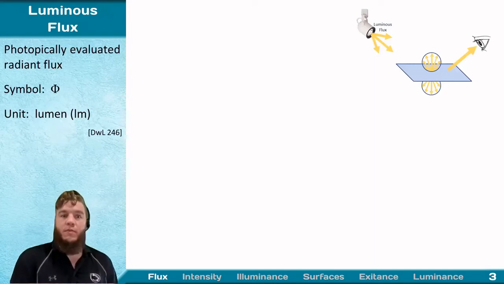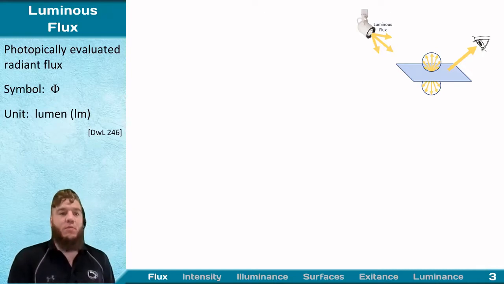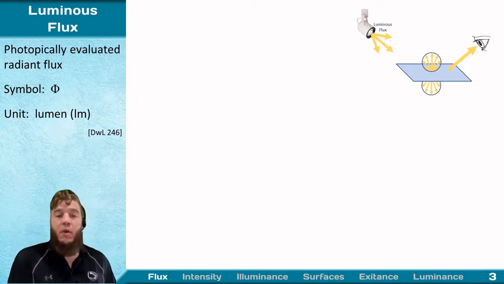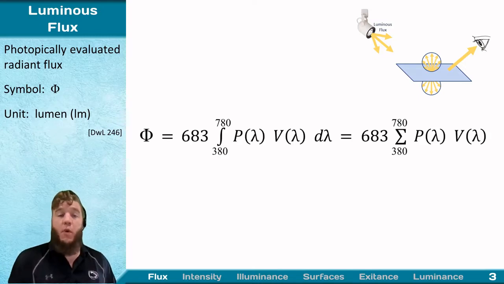Starting with luminous flux. This is, in just a couple words, photopically evaluated radiant flux. We did touch on this last week in vision and perception, and the fundamental equation for this quantity is this. You see here a couple key pieces.